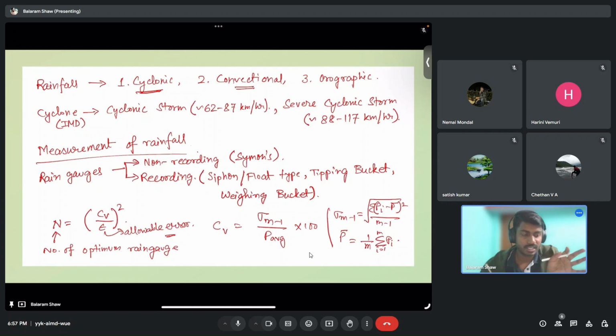We should use this data to analyze and to get some conclusions, right? So we are going to analyze this data, represent this rainfall data in some form, and then infer some information from it, right? So first one is the mass curve.